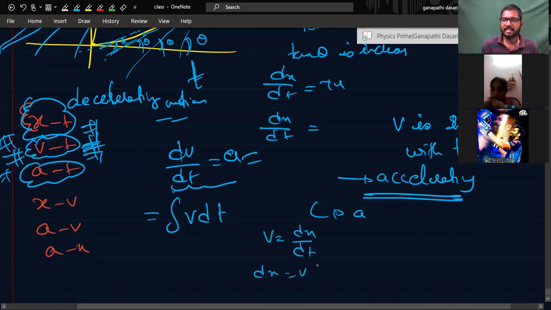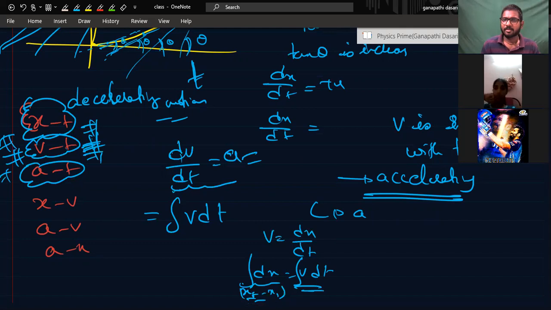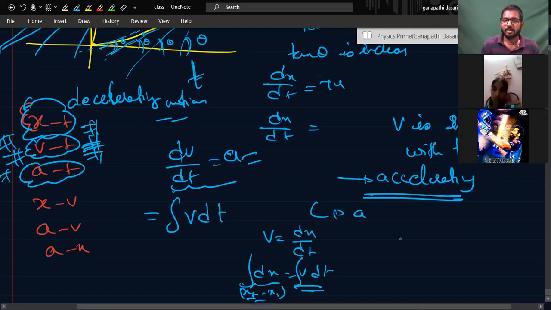Dx is equal to VDT. Integration. What will be VDT giving you? Displacement or not? Displacement. I taught you this just a few moments back. Integral VDT will give you displacement, yes, sir. That means area under the curve VT graph will give you displacement or not?